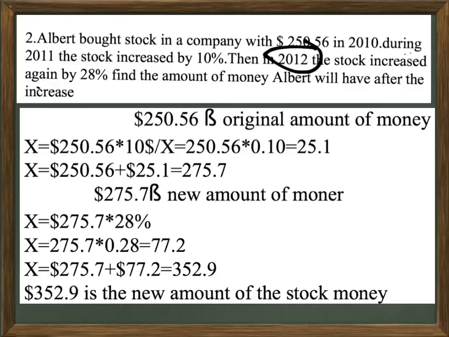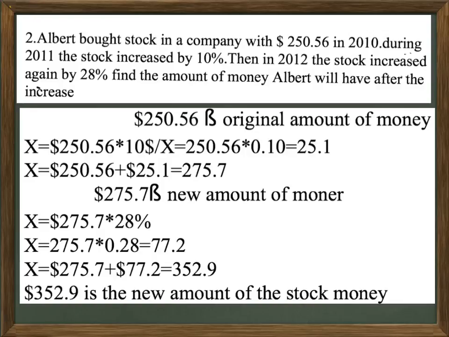So we multiply again 250.56 by 10%. So again we convert it to the decimal, and we get 0.10. So 250.56 times 0.10 is 25.1.